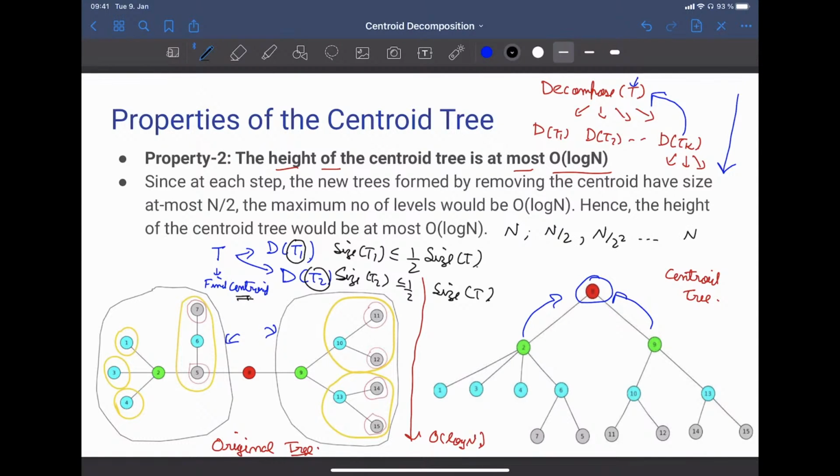If you continue this for log n steps, 2 to the power log n is n basically. So in log n steps, you will reach nodes where the size of the tree is only 1, and these will become the leaf nodes in the centroid tree. Therefore, the height of the centroid tree is bounded by order log n.